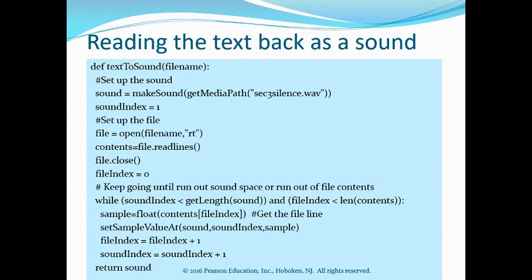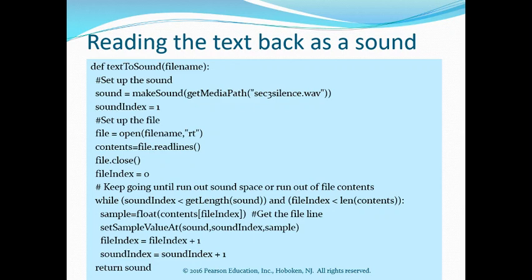And then the comment says keep going until we run out of sound space or run out of file contents. So we have a while loop, which says while the sound index is less than the get length of sound, and the file index is less than the length of the contents. And what we do is, based on the content index, right? File index, get the file name.